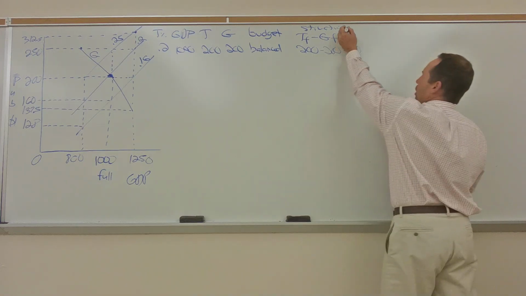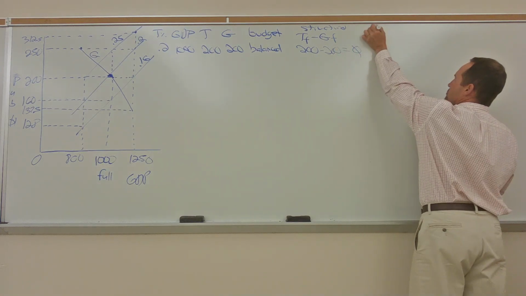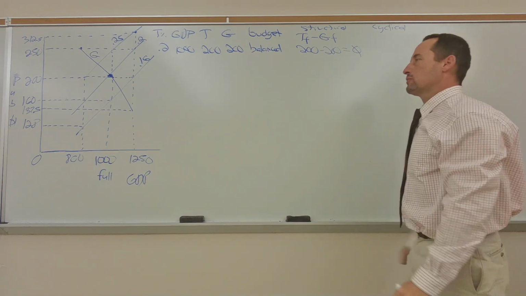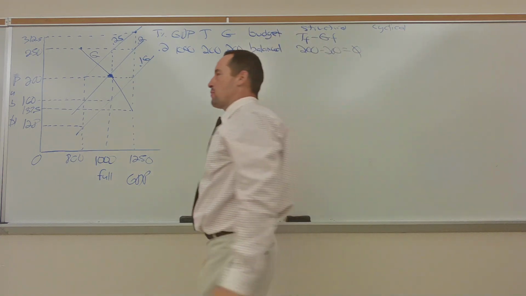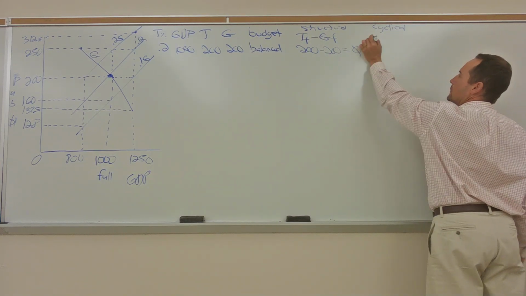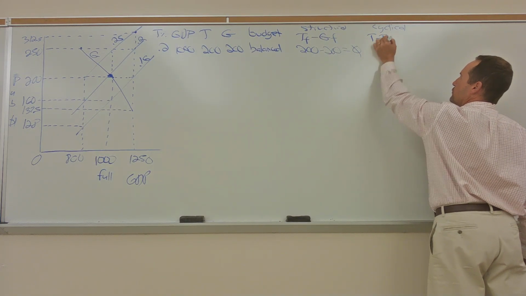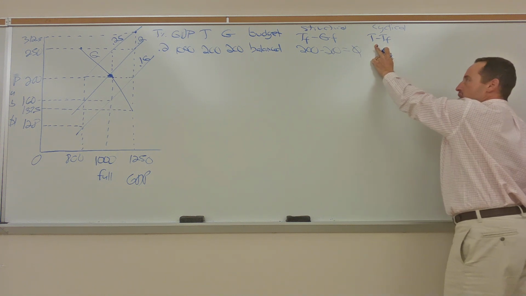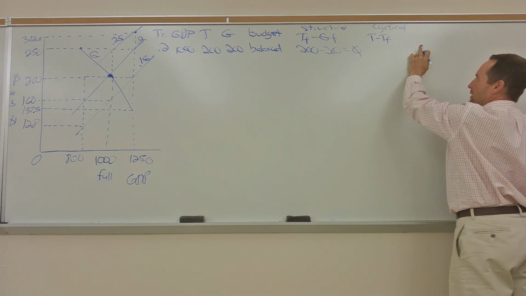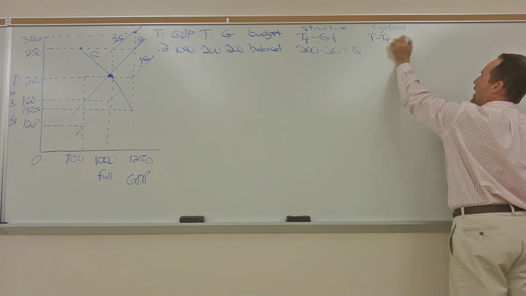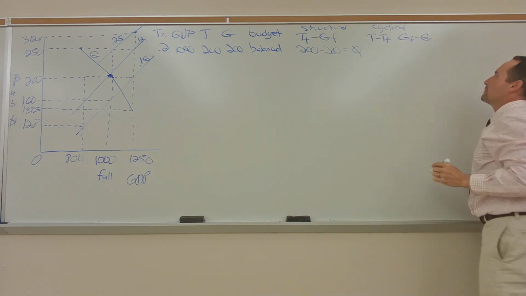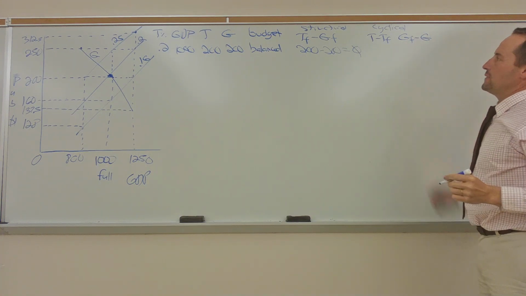Cyclical asks the opposite of structural. Cyclical asks, how far from normal are we? So, it is T minus T full. Our tax revenues are how far from normal. And our government spending, since it's spending, has to be done the opposite. So that is G full minus G. And we combine these two components.